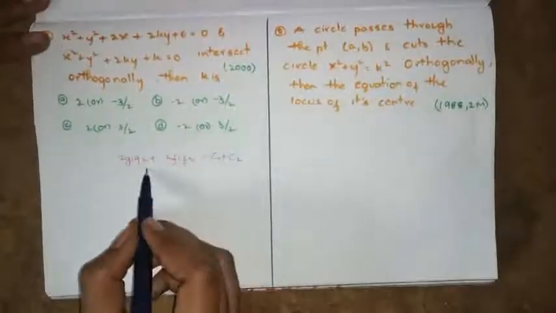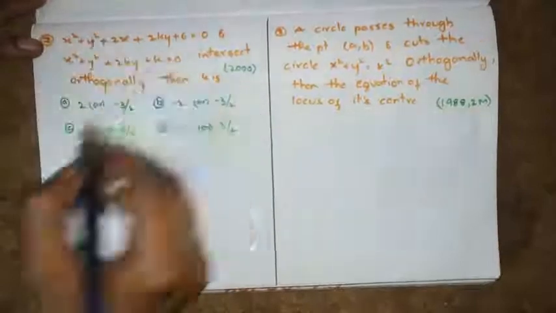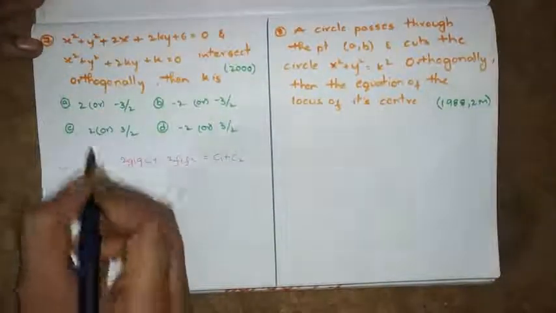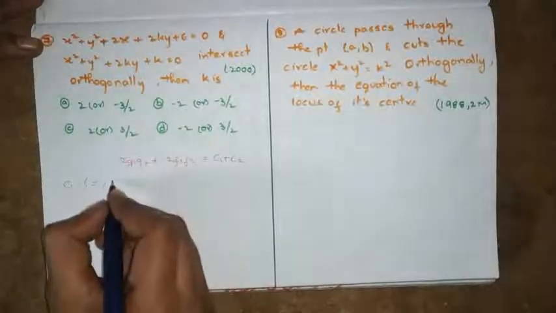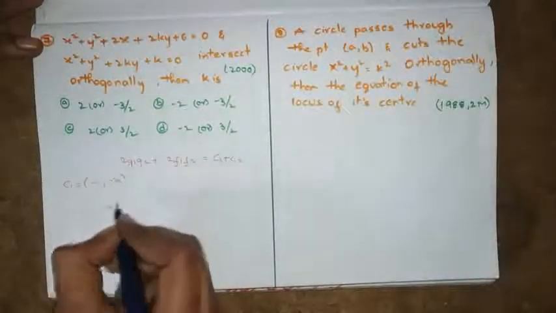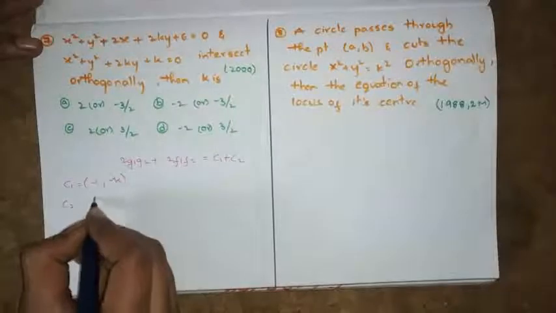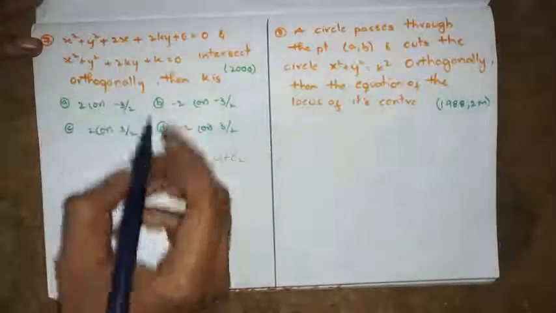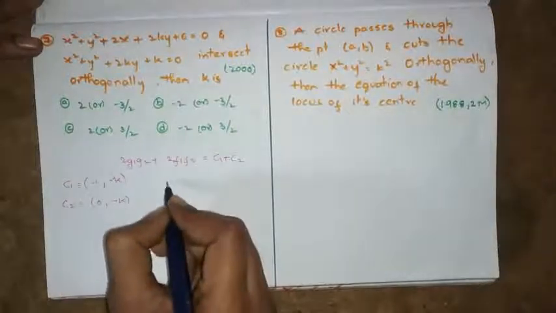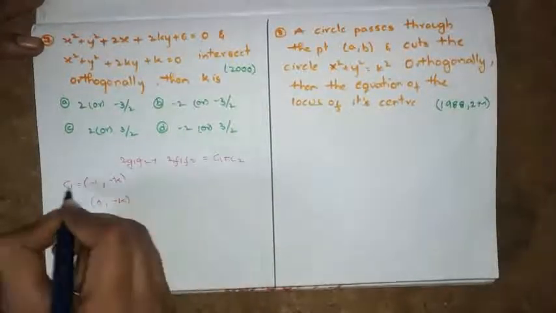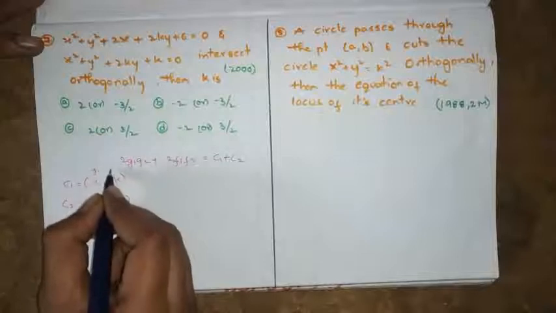Okay, 2g1g2. First, the center of the first circle will be minus 1, minus k, and C2 will be 0, minus k. This is g1 and this is f1.